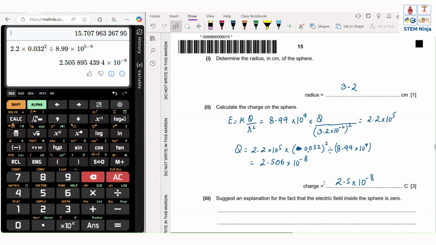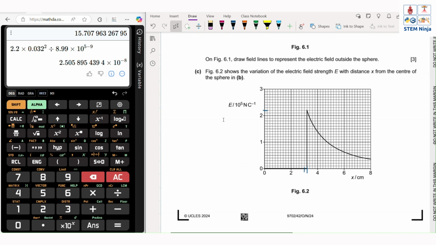So just an explanation for the fact that the electric field inside the sphere is zero. We just described that the charges inside the sphere do not move. So there is no acceleration of charges, no motion of charges. So there's absolutely no electric field.